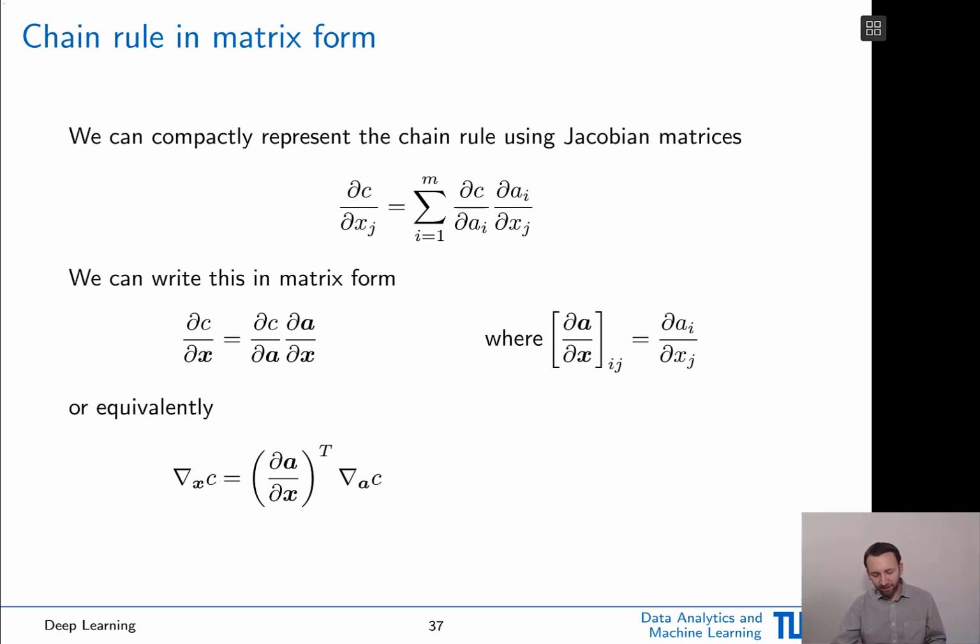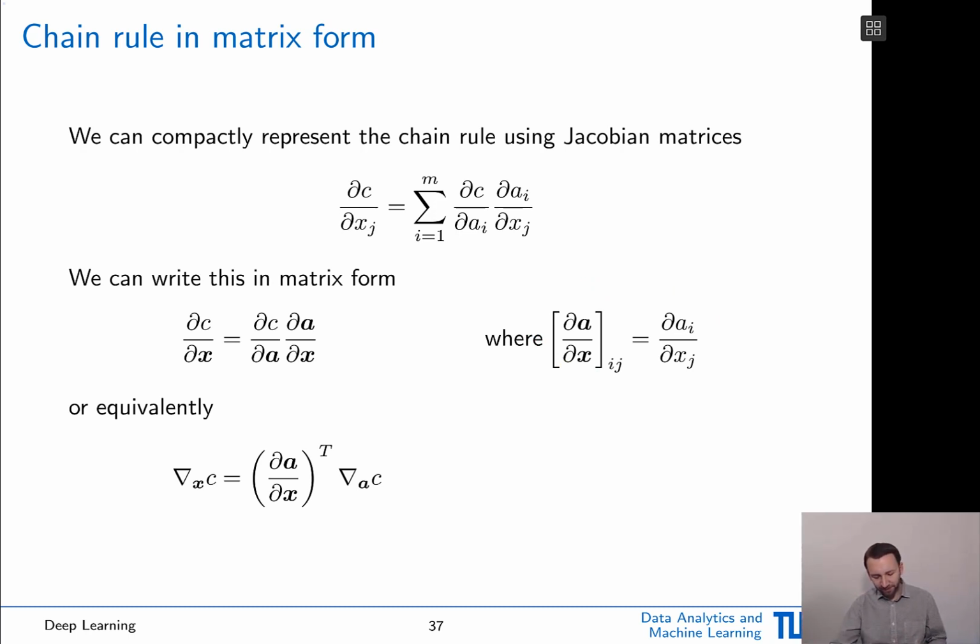This can equivalently be written as the Jacobian of c with respect to a and the Jacobian of a with respect to x. It's the Jacobian of a and the Jacobian of c corresponding to the specific input, okay? Where again, we have used this notation from before, how our Jacobian is set up.